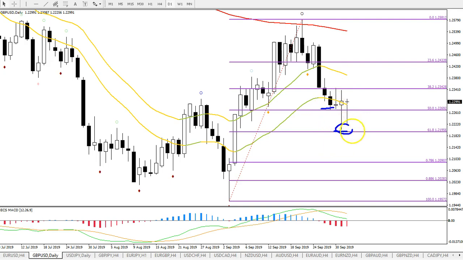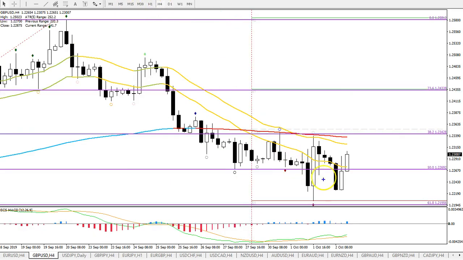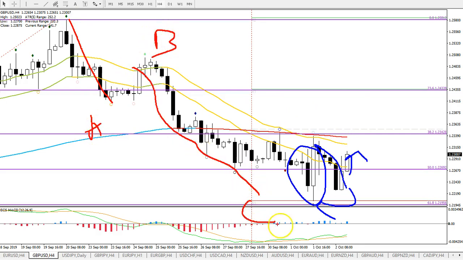So I think that this 61.8 fib is looking strong, and bullish engulfing twins on the 4-hour chart, pullback, failure to break this bottom basically, and now moving higher. So I think that this could be ABC completed to the downside, bearish ABC, A here, B here, and a pretty lengthy wave C that went all the way down to the 61.8 fib.